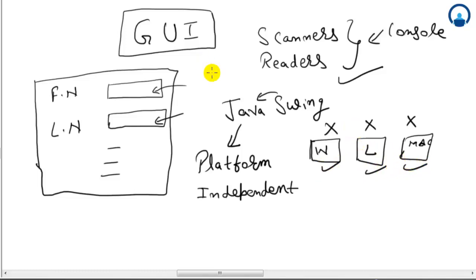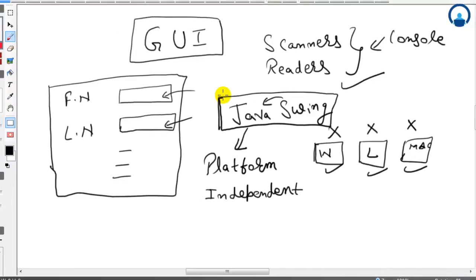So Java Swings also inherit its platform independency from Java language. So in this way, this provides a mechanism with which we can code platform independent UI using Java Swings.